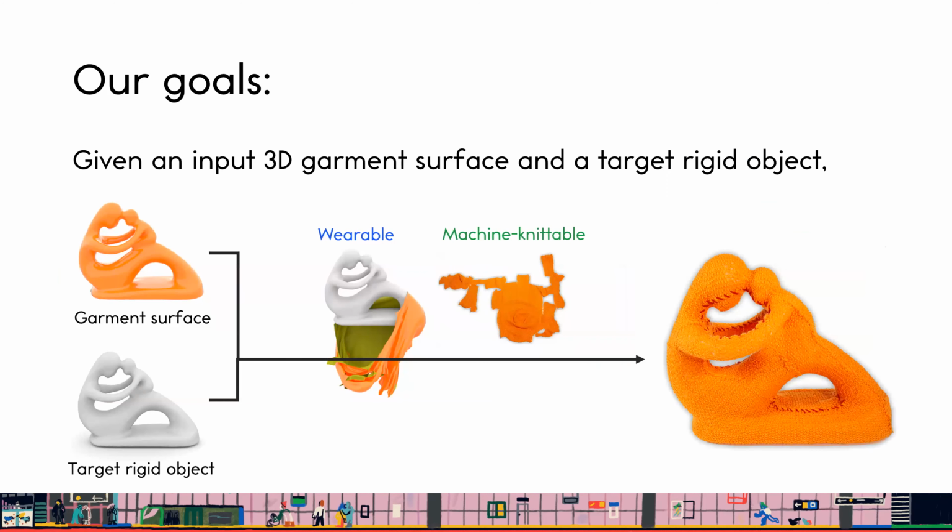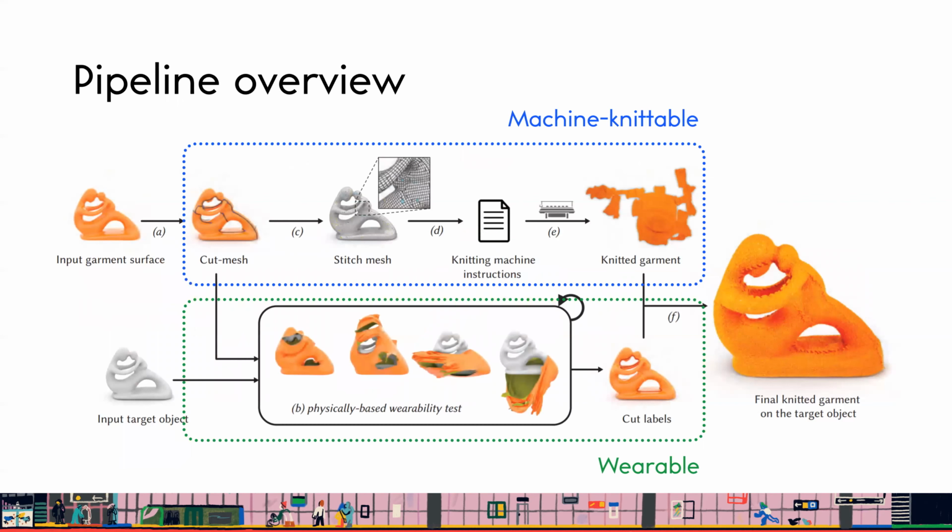To address this crucial problem, our goal is, given an input 3D surface and a target rigid object, our method can automatically produce a wearable and machinable surface. In particular, our pipeline first cuts the input 3D surface into a topological disk, with no singularity allowed in the interior of the cut mesh.